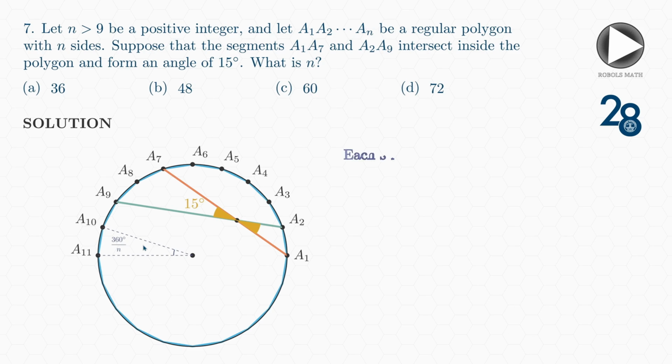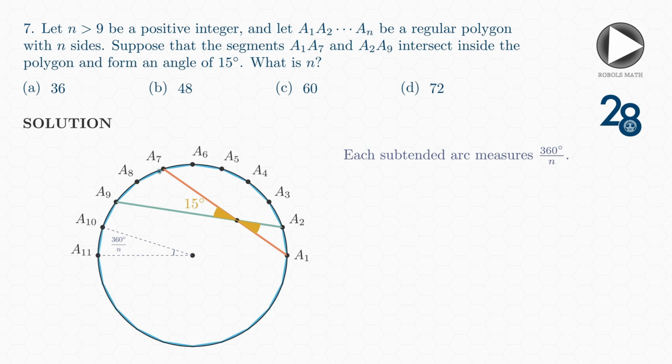And then we know that each of these subtended arcs should be equal to the central angle. So each of these should measure 360 degrees over n.